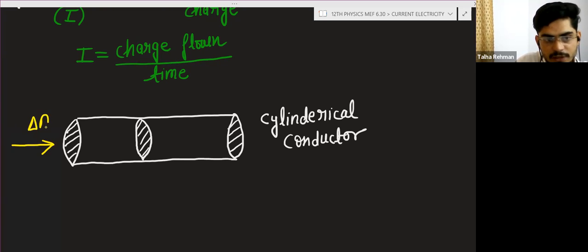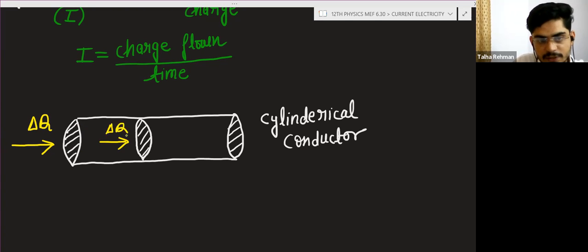Suppose delta Q amount of charge is passing through this cross section area, and from here also this charge will pass, delta Q. So choose one cross section area at a time. I am choosing this cross section area if I want to find the current.